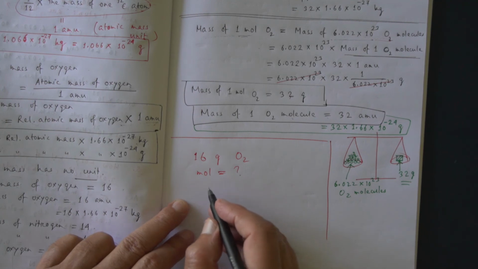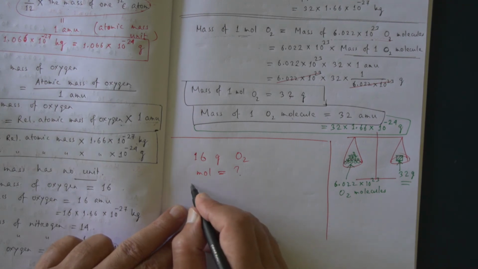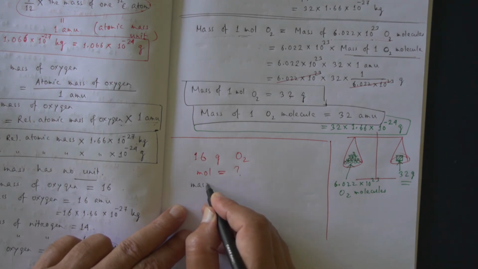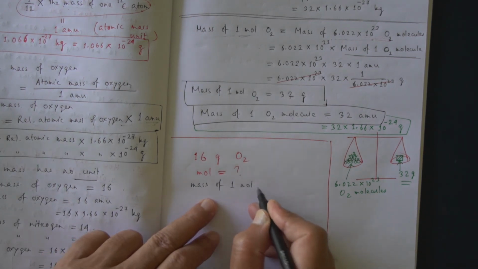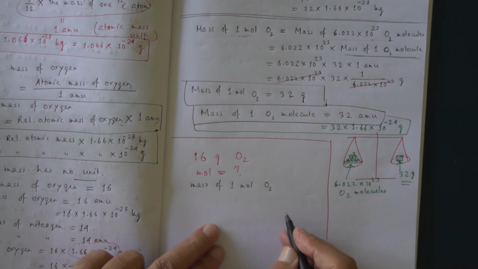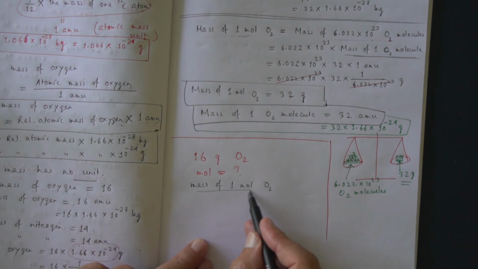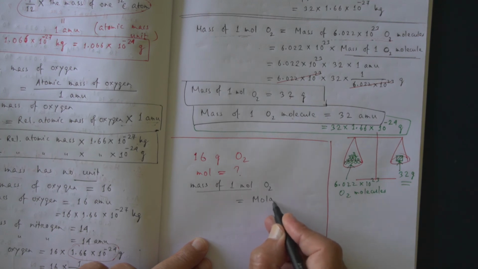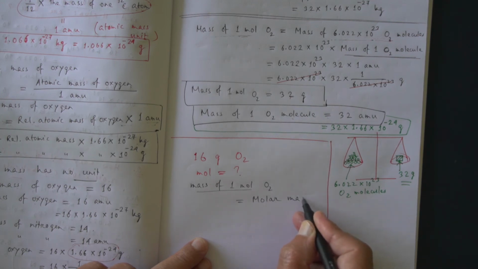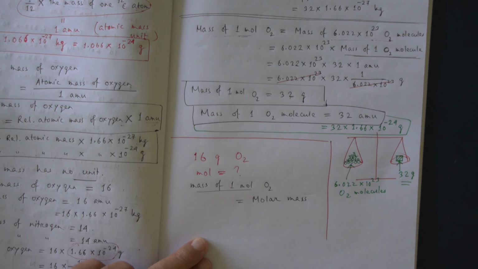Because we have seen mass of 1 mole O2, and mass of 1 mole is called molar mass.